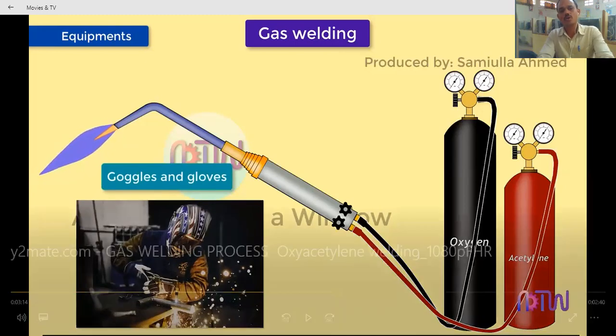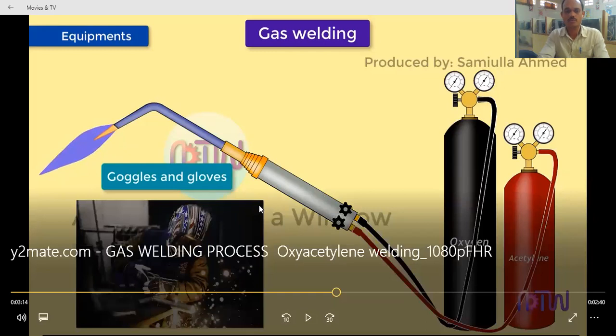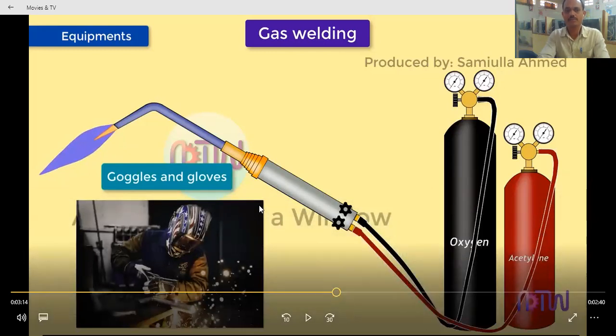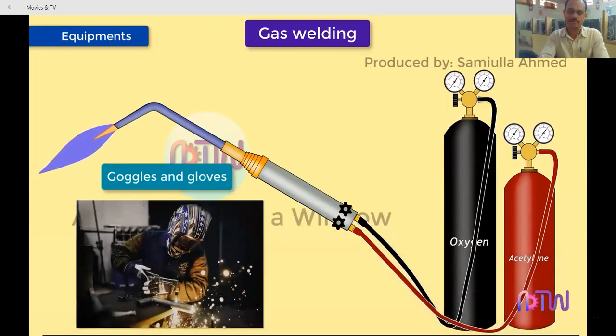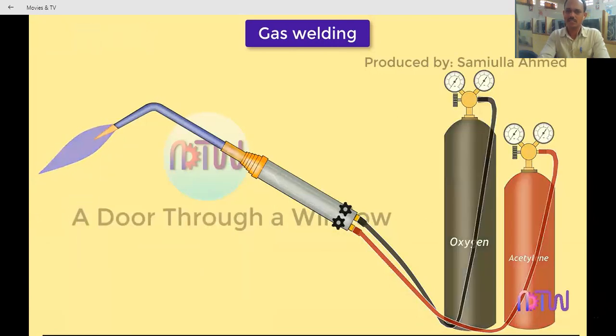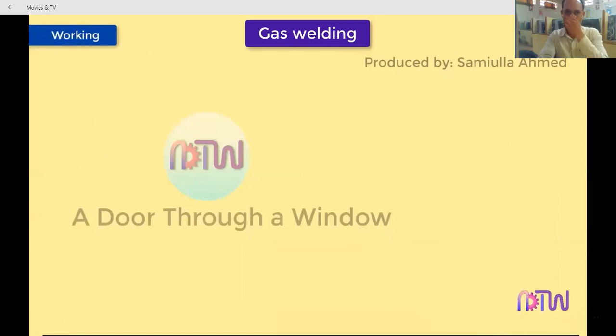We need some goggles and gloves for safety purposes. If we are working with gas welding, gloves and goggles are required. So this data is related to the equipment of gas welding.